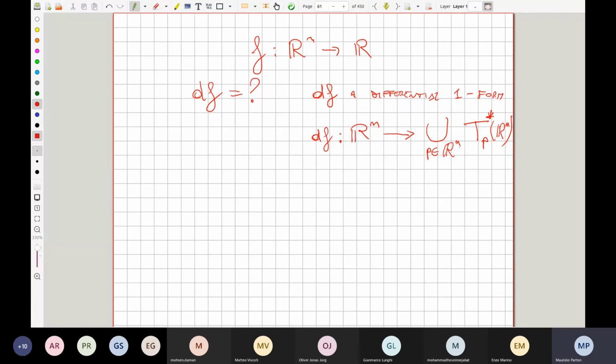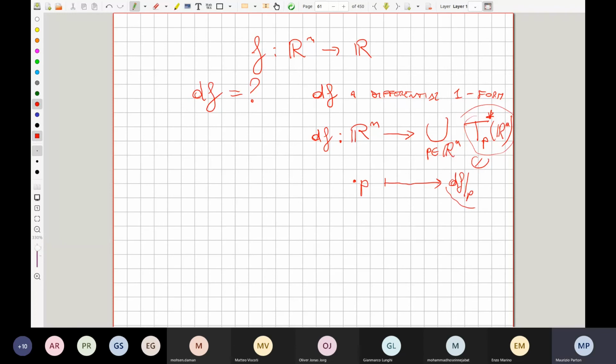In particular, it should map a point P to some df in P that is in this space here. So at the end, you just have to tell me what is this df of P. Can you define df in the point P for every point of Rn?